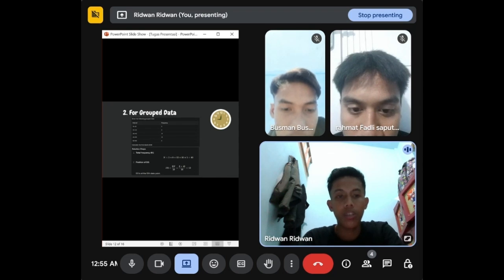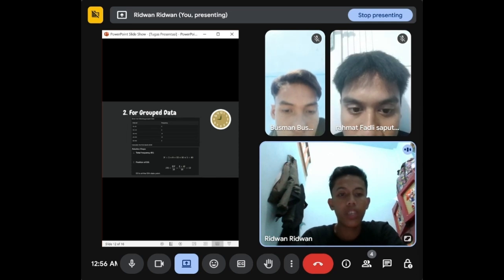Decile 3 equals 3 times n divided by 10, equals 3 times 40 divided by 10, equals 12. So decile 3 is at the 12th data point.